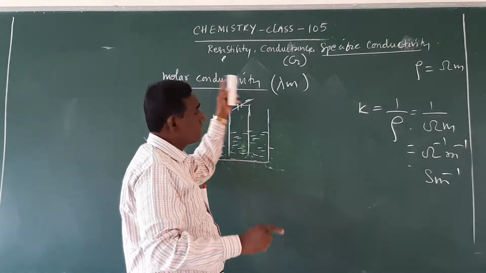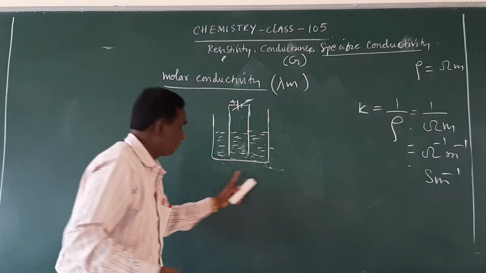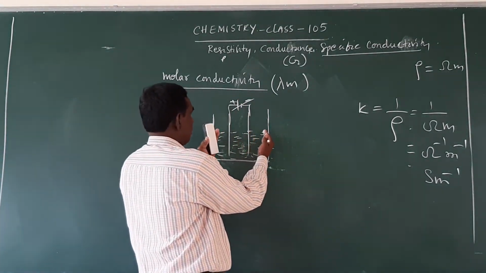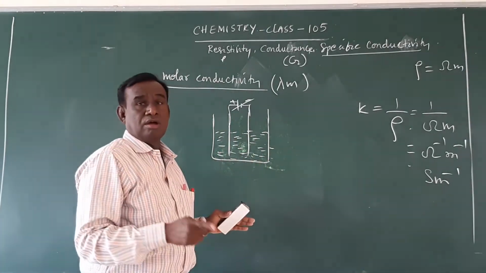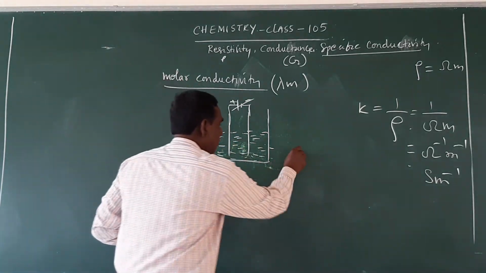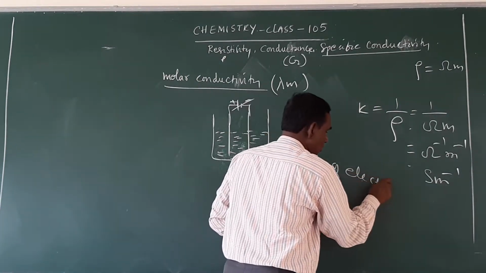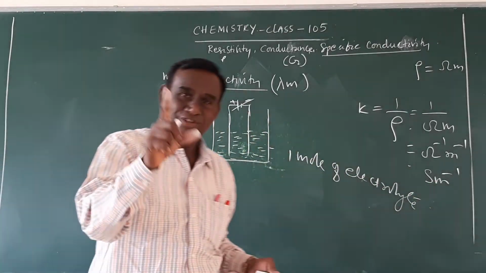But molar conductivity is the conductivity produced by all the ions present in the electrolyte solution in the electrolytic cell. But the condition is that it contains 1 mole of electrolyte.